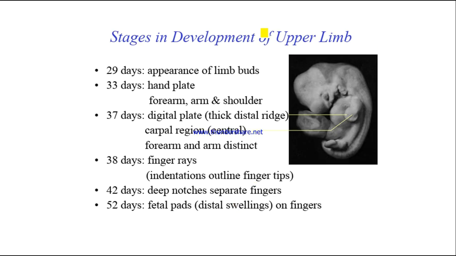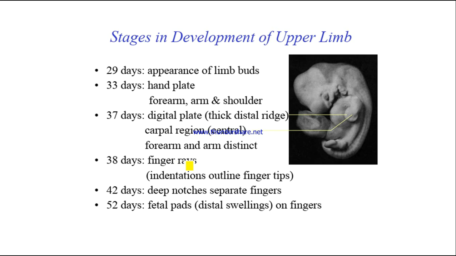So let's go through this in a bit more detail. At 29 days we've got the appearance of the limb buds. At 33 days, we get the hand plate, the forearm, arm and shoulder. At 37 days, we get the distal plate, thick distal ridge, and the carpal region, central forearm and arm become more distinct. At 38 days, we see finger rays and indentation, or the outline of the fingertips.